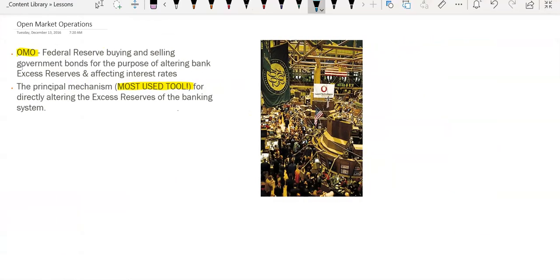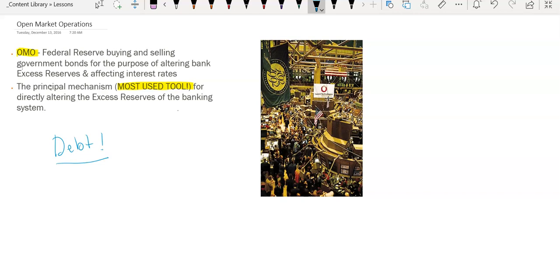The tool that has the largest sizable impact and is the most used tool is something called open market operations. And what open market operations is, is the Federal Reserve buying and selling government bonds, aka government debt, on the secondary market.